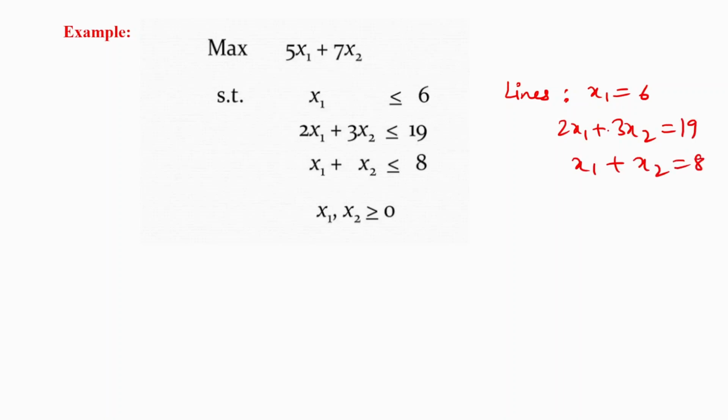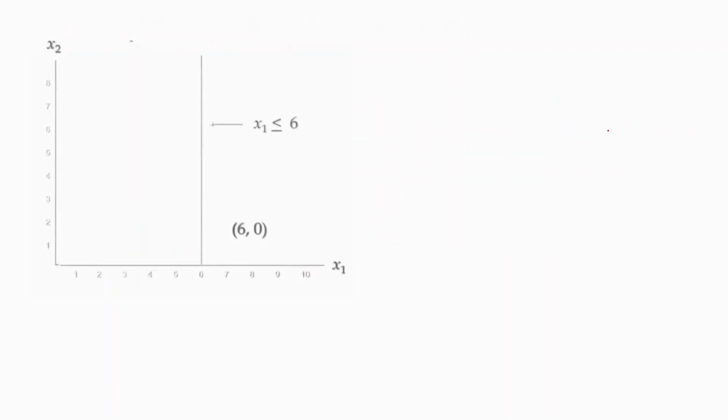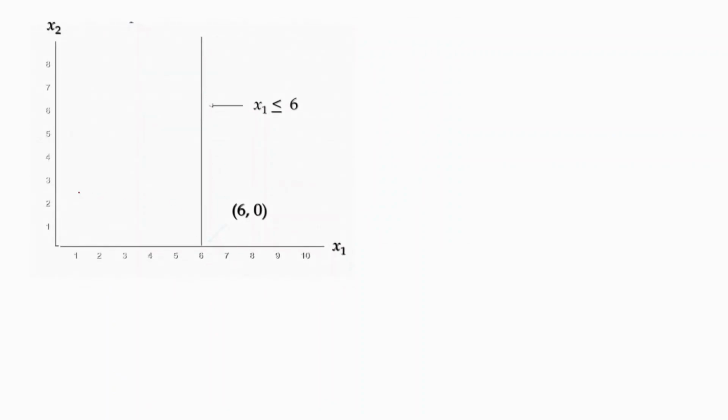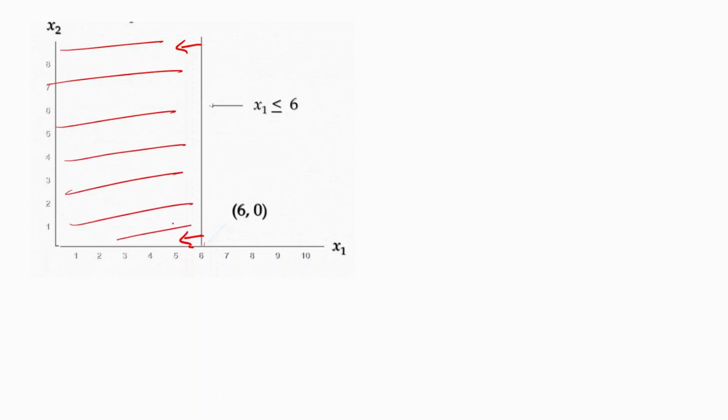So just x1 equal to 6, as we know, it's a line parallel to the x2. So this is how we will be getting x1 less than equals to 6, means we are talking about this area. So the whole region would be shaded, right?